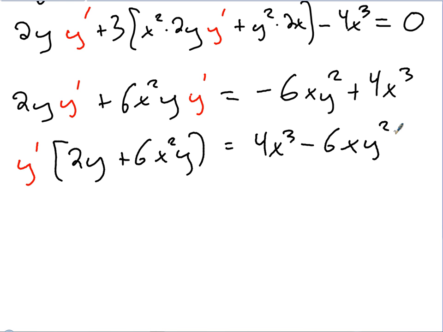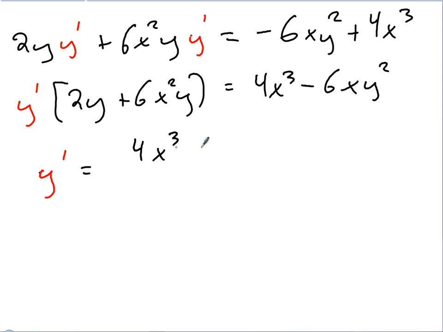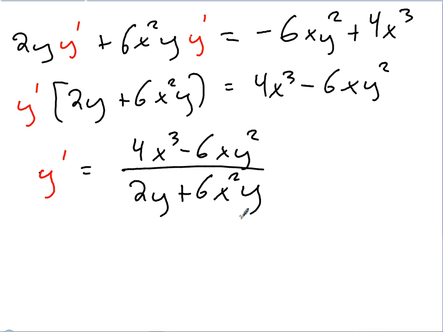And then all I have to do is divide both sides through by that factor, by the leftover after my factoring process. And I get y prime equals 4x cubed minus 6x y squared all over 2y plus 6x squared y.